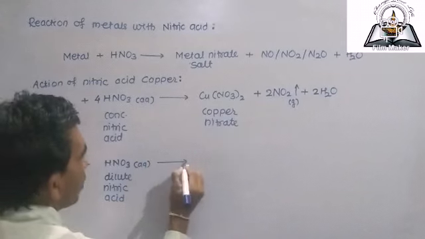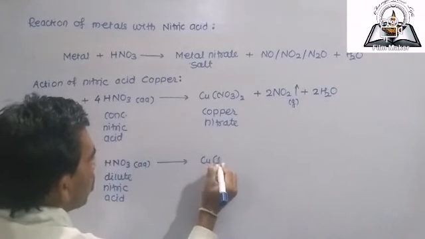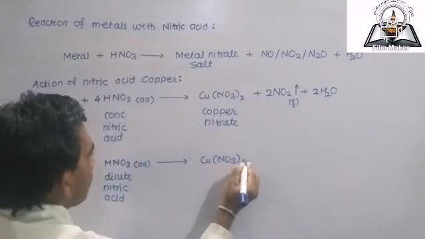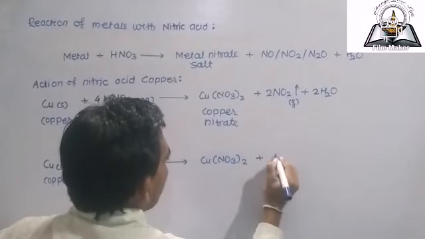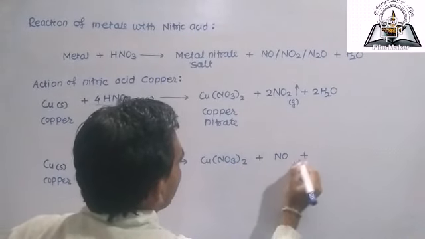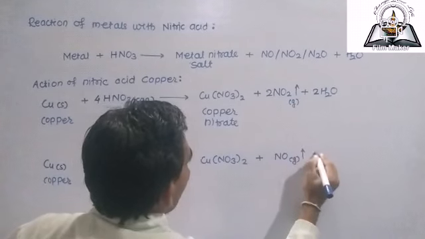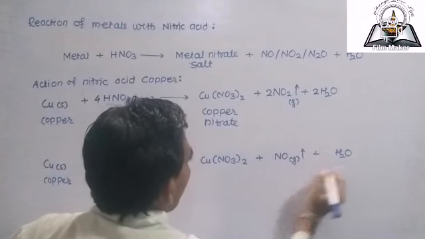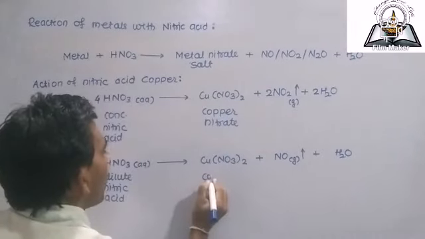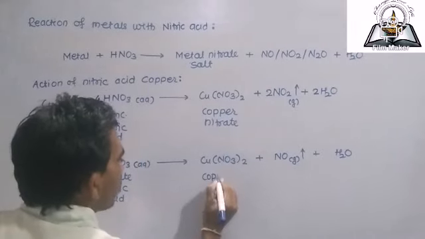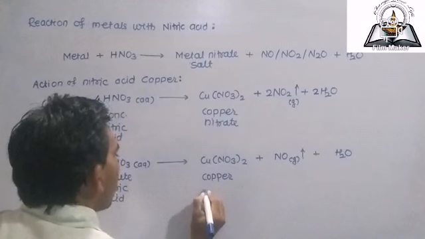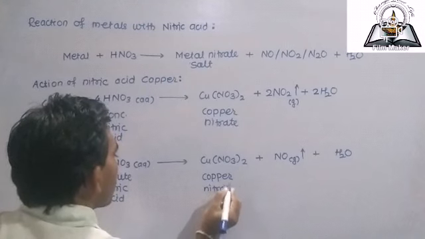So it gets converted to Cu(NO3)2 plus NO, nitrogen monoxide, this is the gas state, and water molecule, H2O, is formed. This is copper nitrate and nitrogen monoxide is formed.